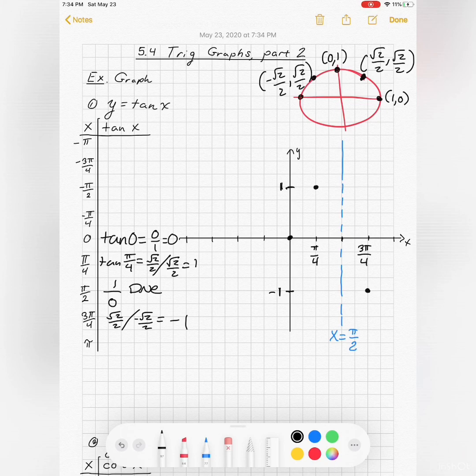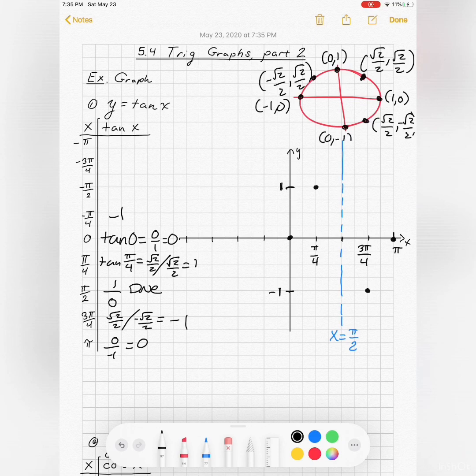Okay, you may start picking up on the pattern. Okay, do a few more anyway. Here's negative pi fourths. Okay, so if I divide there, I'll get negative 1.